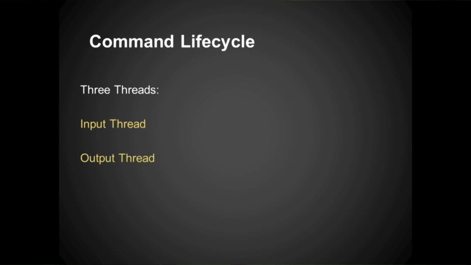The last of these threads exists in the command class. Its job is to monitor the execution of the command that's being executed. The purpose of the command monitor thread is to make sure that a command does not take longer to execute than has been determined or set by the default command timeout.